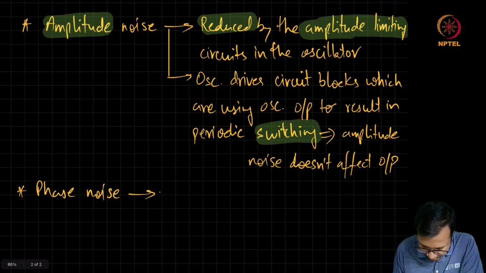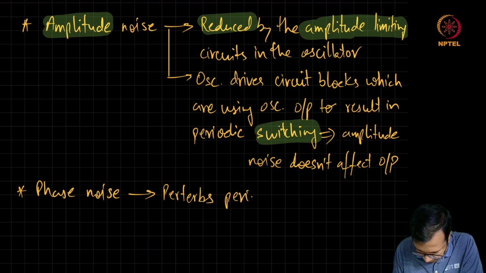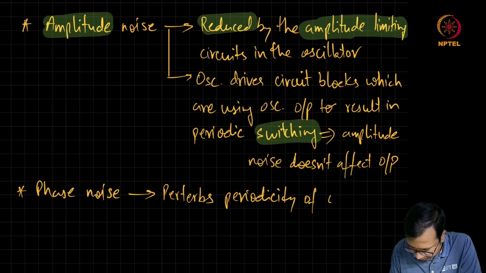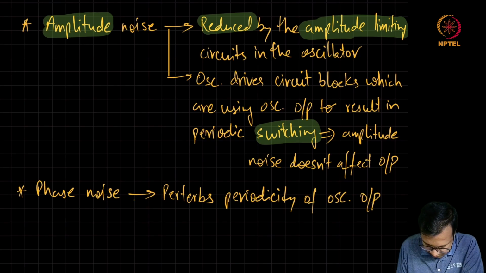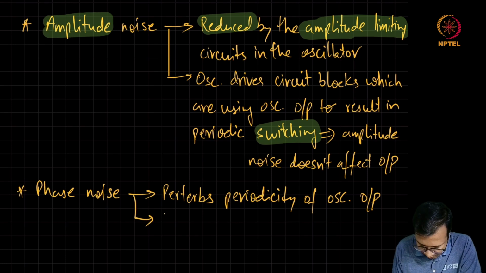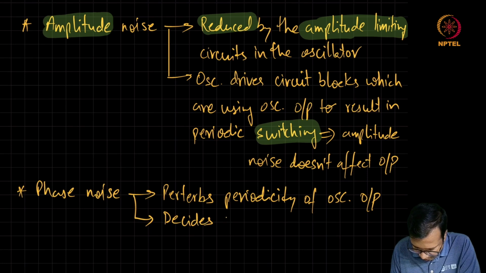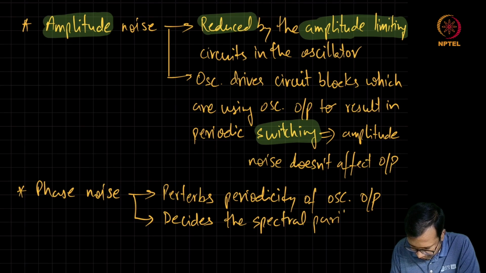Phase noise perturbs the periodicity of the oscillator output. This directly decides the spectral purity of an oscillator.